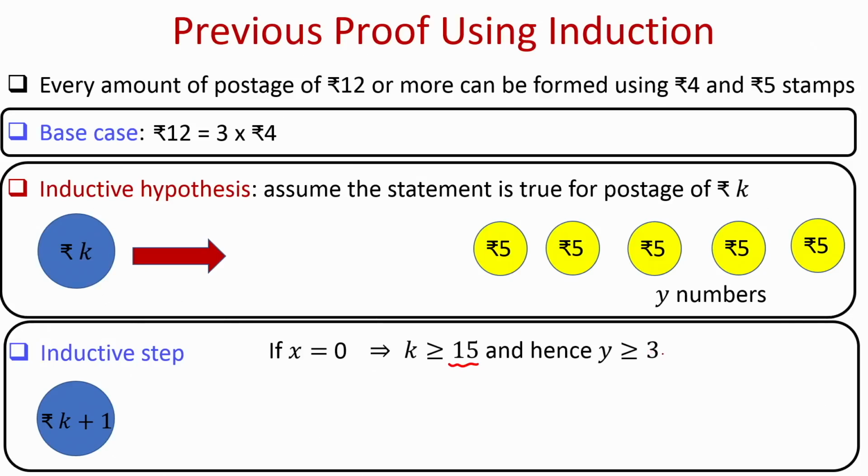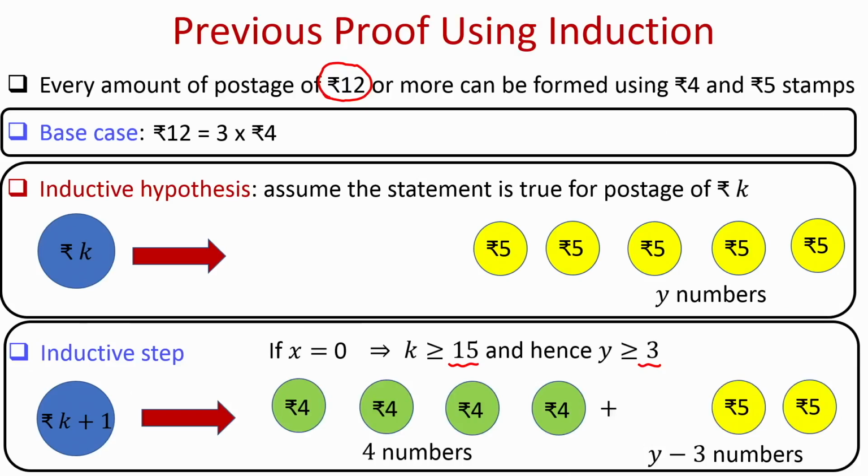And the statement is for any denomination from 12 onwards. So, the smallest multiple of 5 is 15. That means my y is at least 3 here: I have at least 3 stamps of 5 rupees used to represent my postage of k rupees.